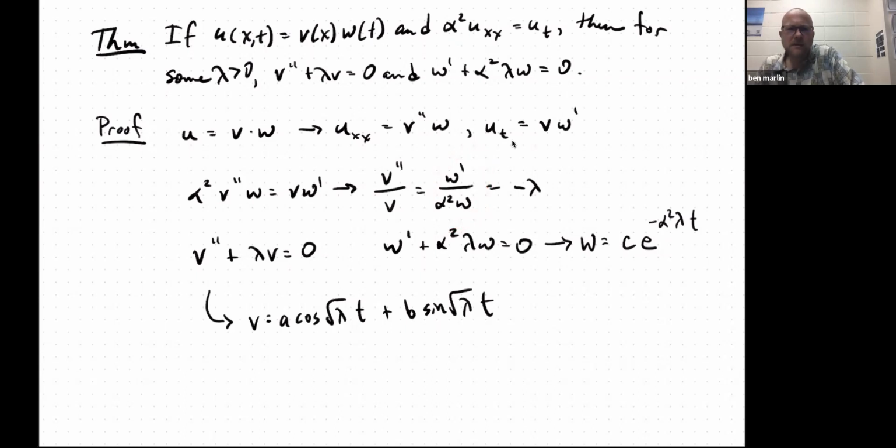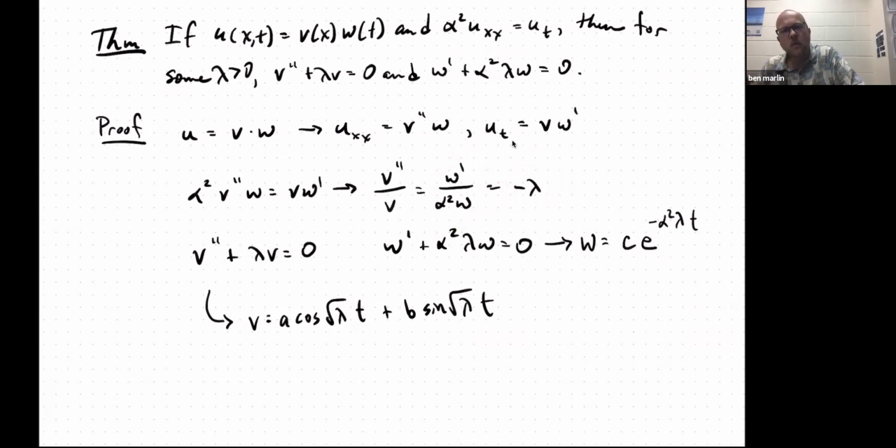You could put the alpha with either piece, but it's a lot more convenient to put it with the w's than with the v's. So here we're going to say that that is equal to some negative lambda.